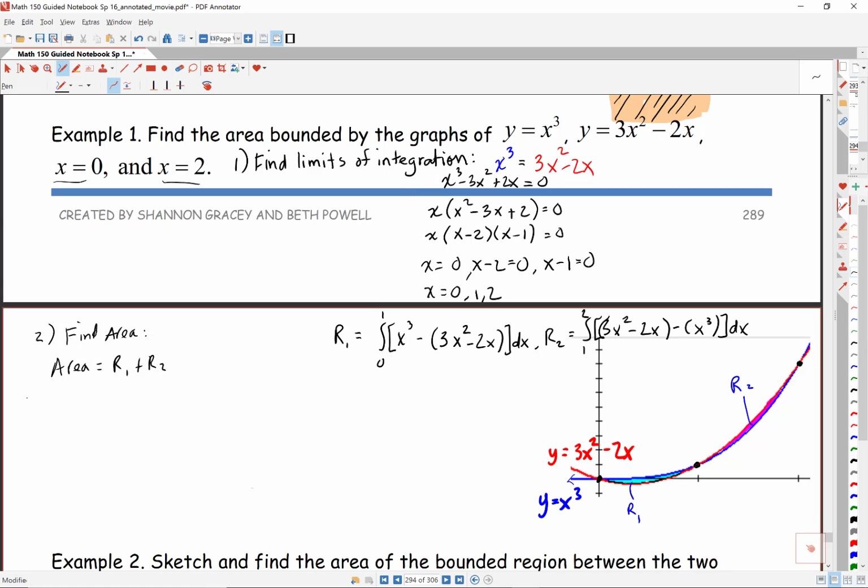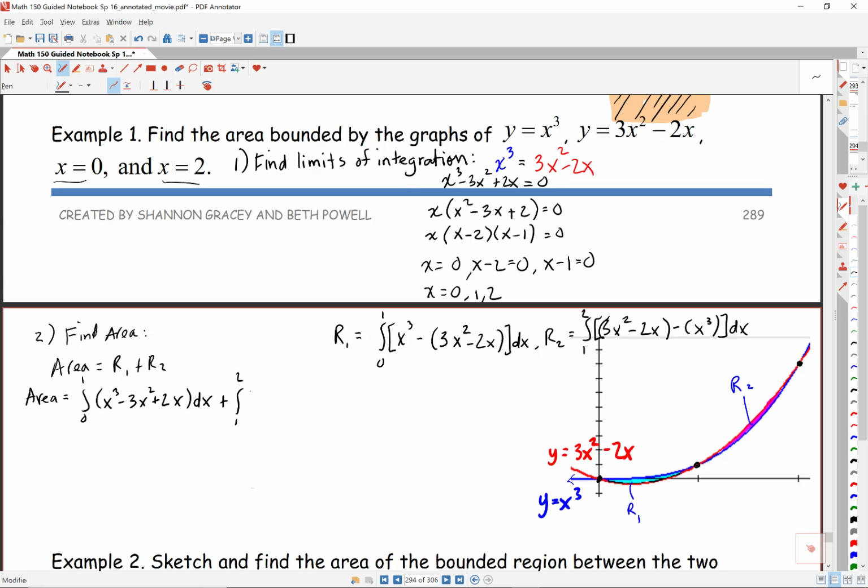So, simplifying and then starting the area, our overall area will be equal to the integral from 0 to 1, and this will simplify to be x cubed minus 3x squared minus, a minus is plus, so we'll have plus 2x dx.